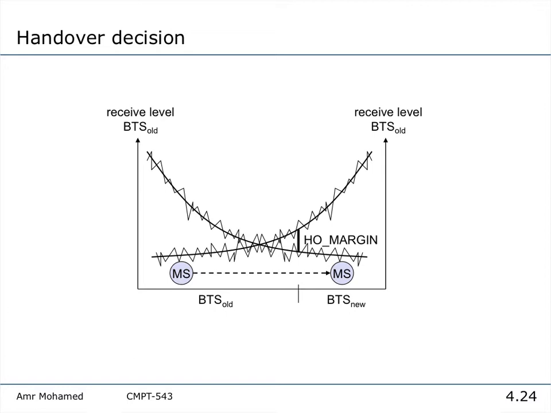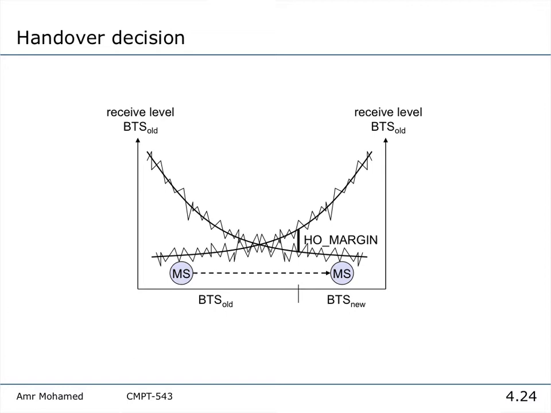This assumes that the mobile station is moving, like a person is driving. Usually GSM supports a speed of up to like 250 kilometers per hour, which is a very high speed. While the mobile station is moving from one base station to another, the BTS constantly performs these measurements, each BTS, of course, independently.